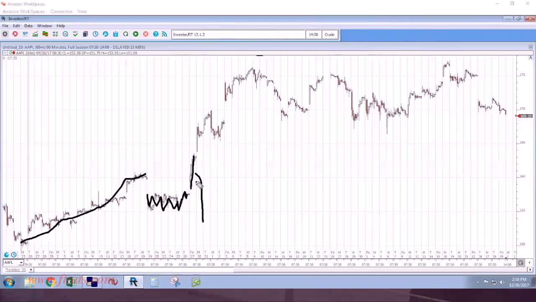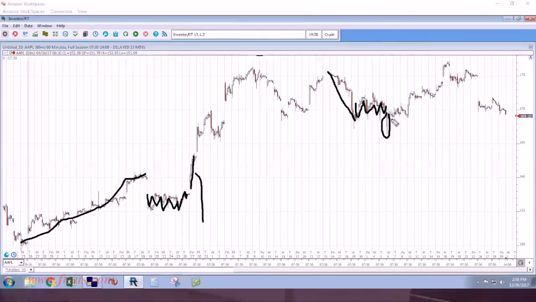Let me see if I can find another one here. Here's a down move, okay? Down move over a couple sessions, sideways. Then note this candle right here. See this one? We move lower, but can we go lower? We cannot. And so we come right back to where we had rested before.